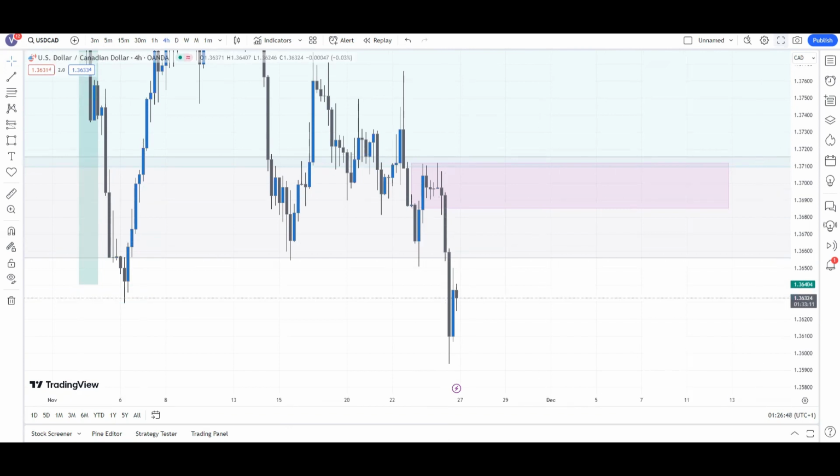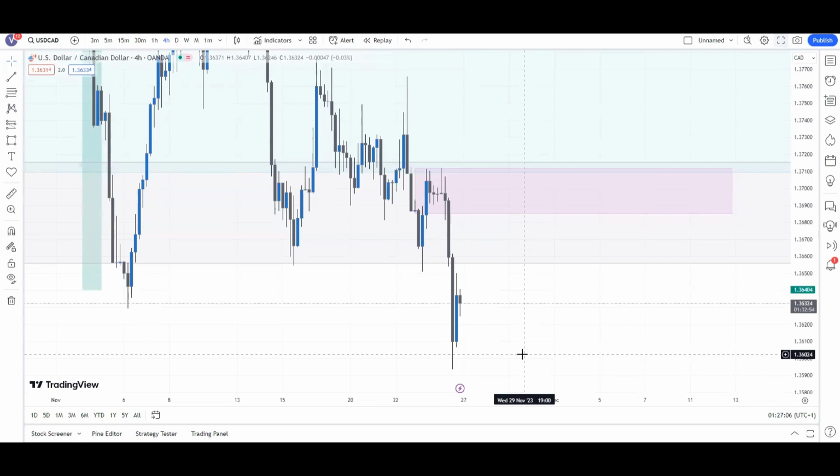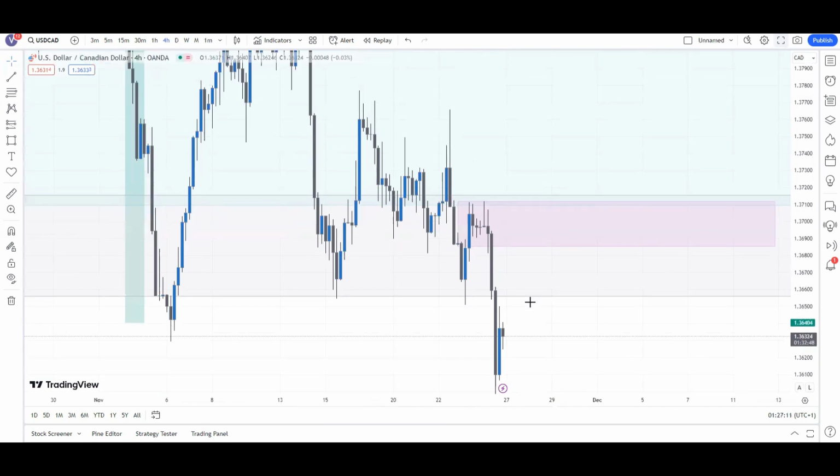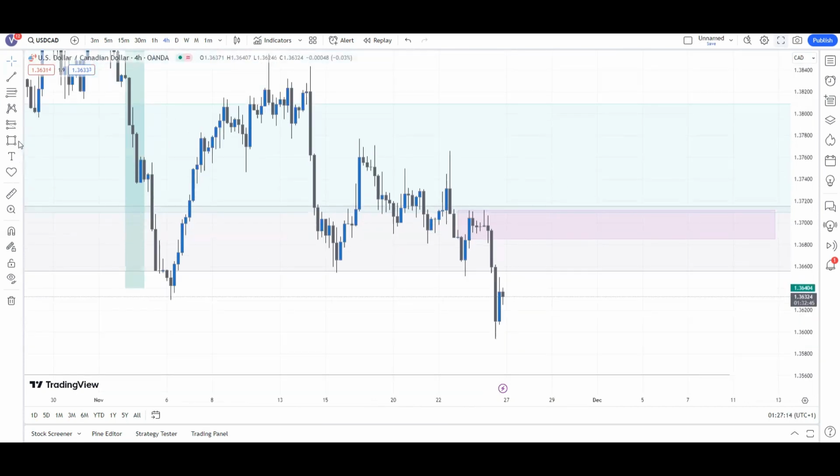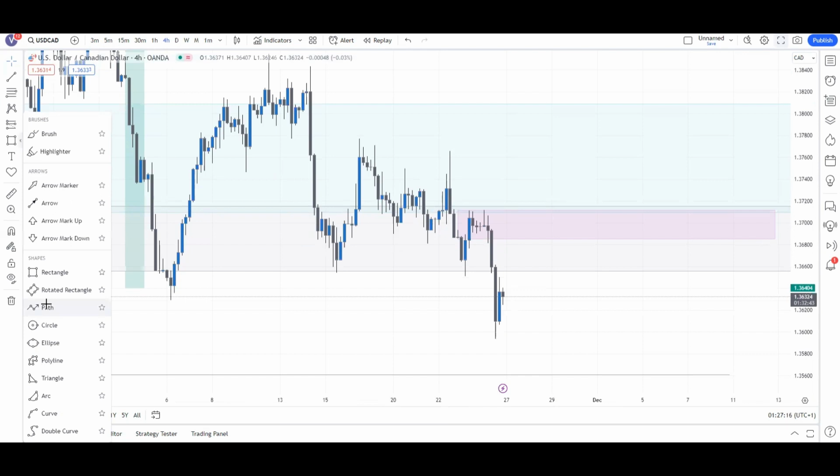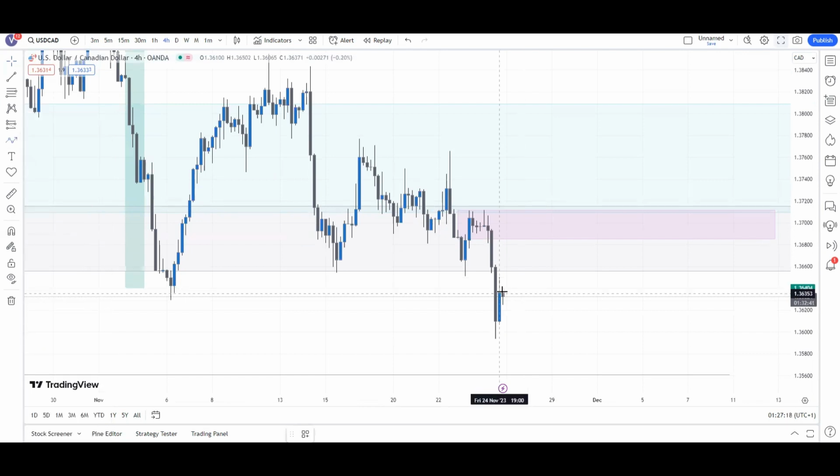So right now, we want to see price, personally, I want to see price go into this region. I want to see price on this USD CAD firstly give us something like this, go back into this region, right?